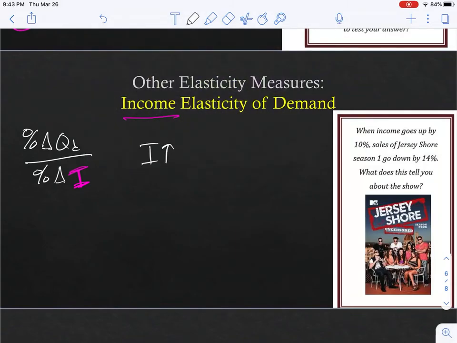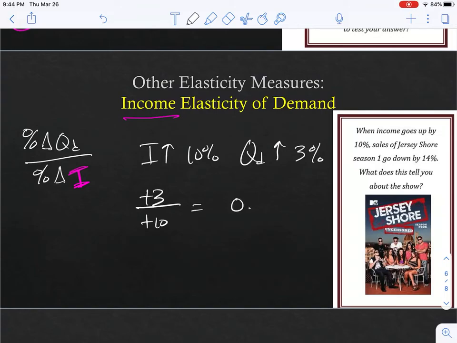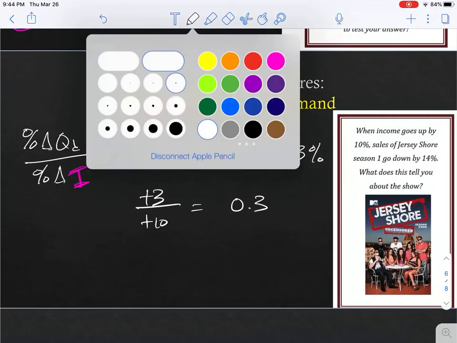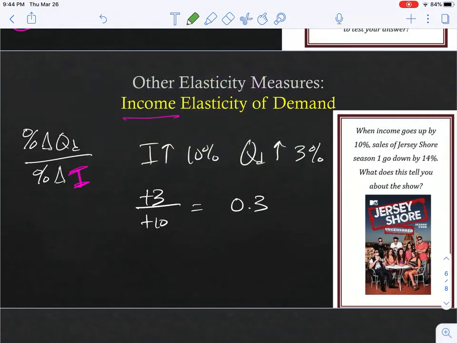If someone's income goes up by 10% and the quantity demanded goes up by 3%, what's the income elasticity of demand? Well, it's going to be plus 10 in the denominator, plus 3 in the numerator. That gives me a positive 0.3. On the other hand, let's change colors and do a different example.